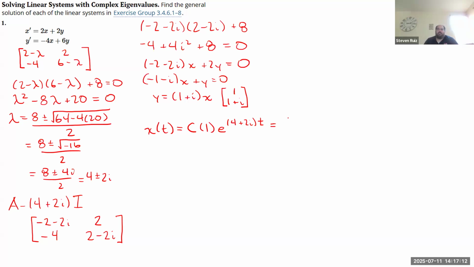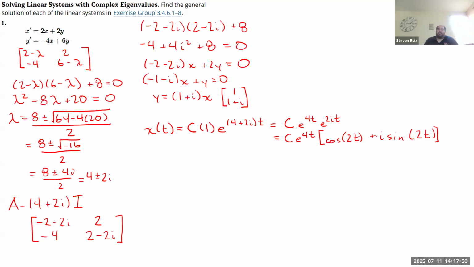It breaks apart into two pieces. So c times e to the 4t times e to the 2it. e to the 2it can be further broken down from Euler's identity. So c e to the 4t times cosine 2t plus i sine 2t.